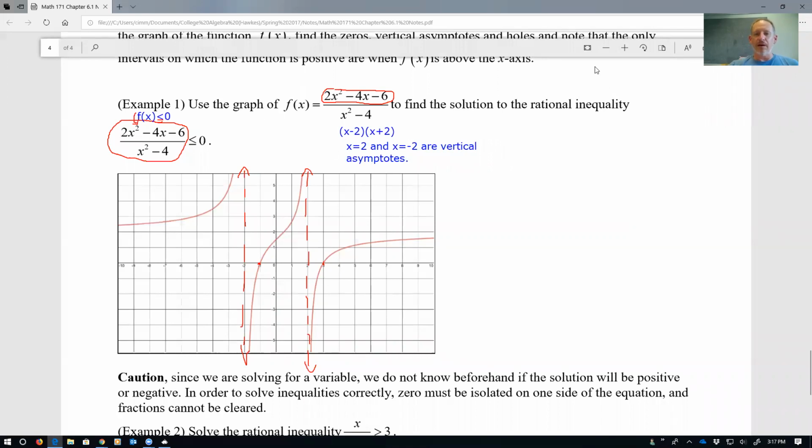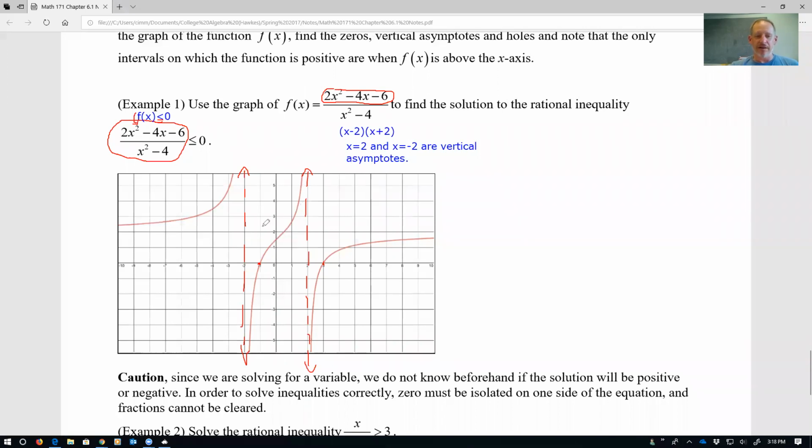So I want to know all the places where this graph is less than or equal to 0. I'm going to get out a different color here and maybe change it to a thicker one. So I look at these points. Really, the only places it can change are here, here, here, and here. Those are the only changes. Where it's less than or equal to 0, well, it's going to be equal to 0 at these points that are 0.